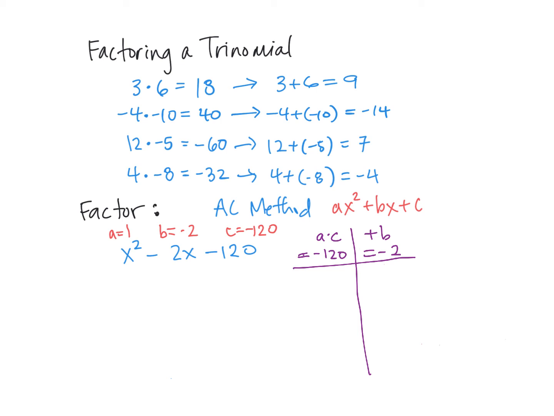So, starting with 1 times 120. 2 goes in there 60 times. 3 is going to go in there 40 times. 4 is going to go in there 30 times. 5 is going to go in there, let me do a little bit of math, 24 times. 6 is going to go in there 20 times.